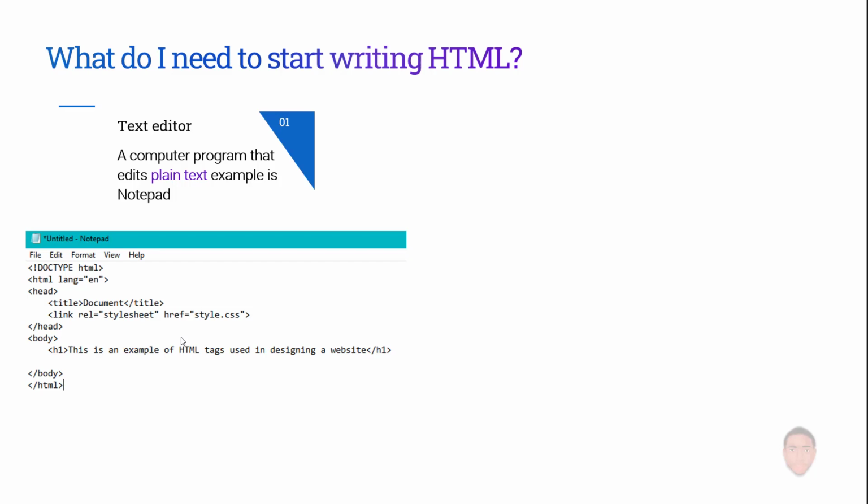Now there is a difference between plain text and rich text. You might be wondering, oh, Notepad, okay, that means I might be able to use Microsoft Word or something else that I can just type in to create a website. Software like Microsoft Word works with rich text.